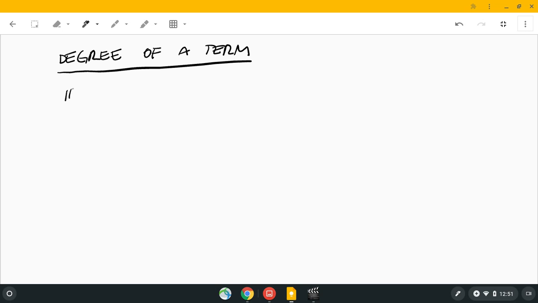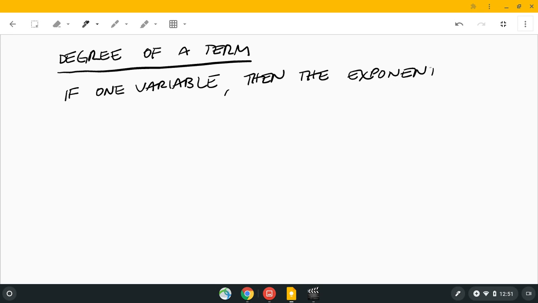So if one variable, then the exponent on the variable is the degree of the term.